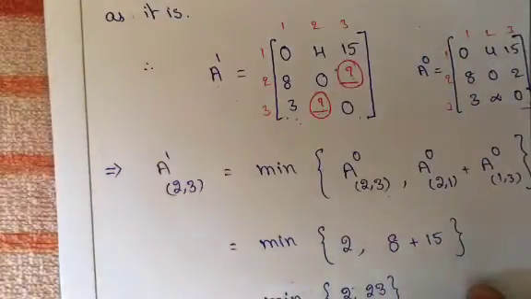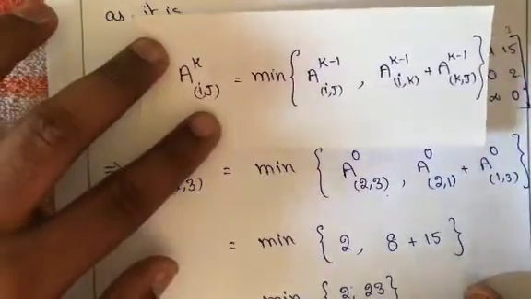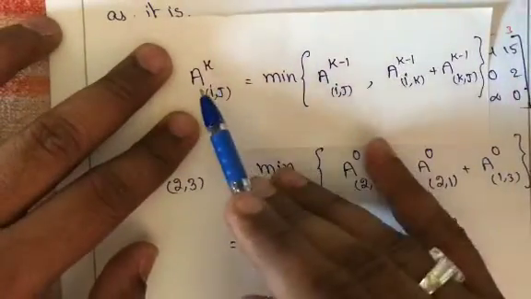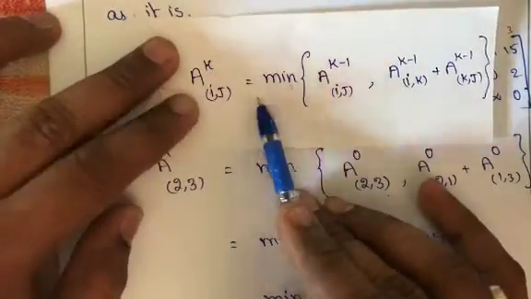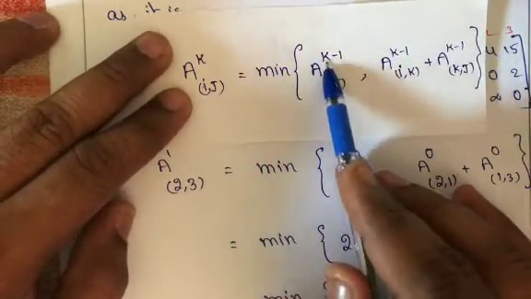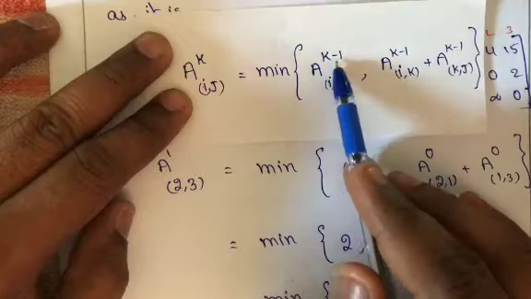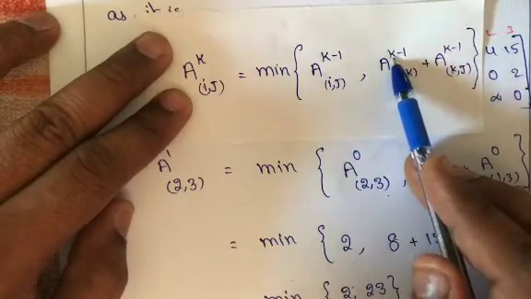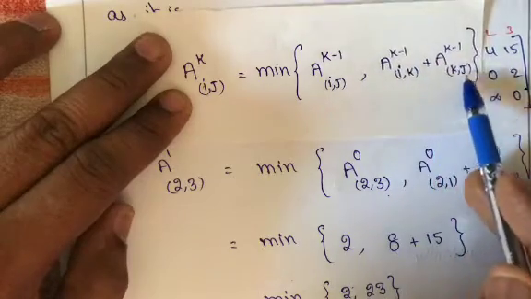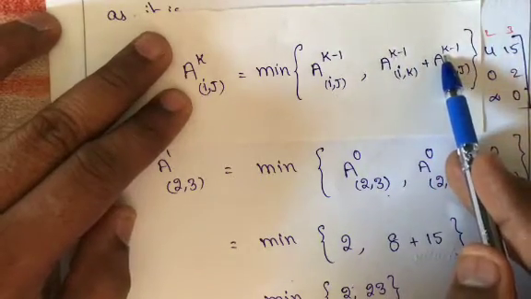So I'm having the formula that Aij to the power of k is equal to the minimum of Aij to the power of k minus 1 comma Aik to the power of k minus 1 plus Akj to the power of k minus 1.